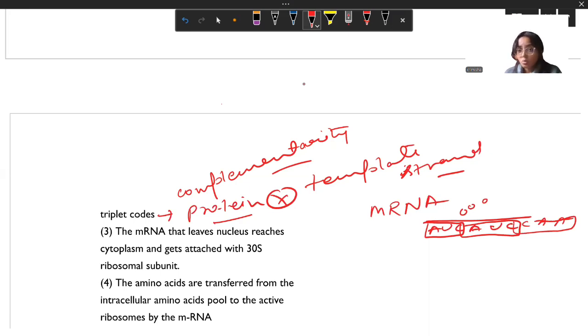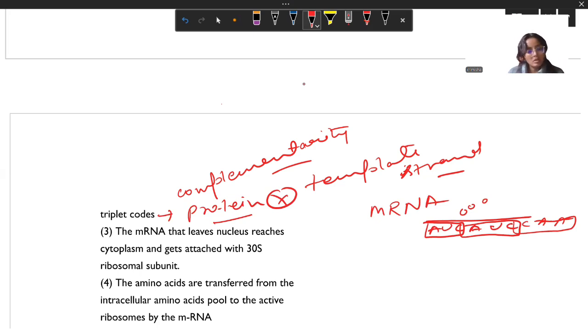During transcription, the DNA uncoils and, based on the template strand, a new mRNA is formed with nucleotides complementary to the template. During translation, based upon the triplet codes of the mRNA, amino acids are brought by tRNA and added onto each other by protein synthase, and then a new protein is formed. So this is a wrong statement.